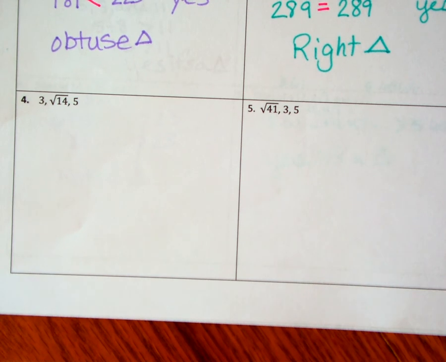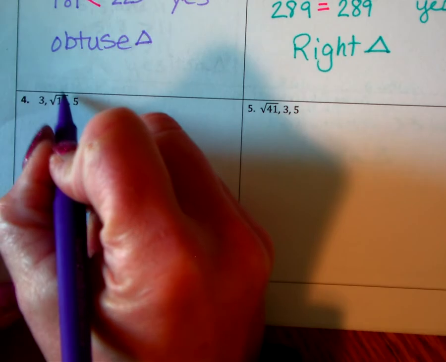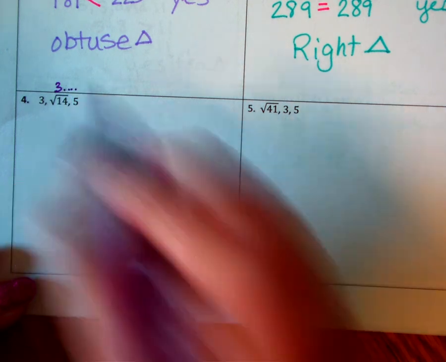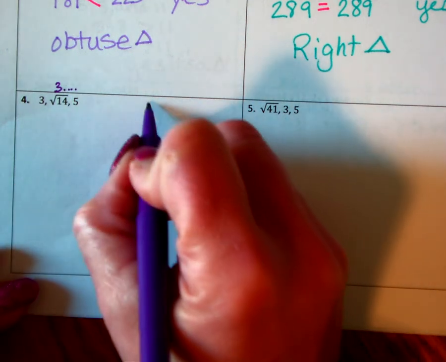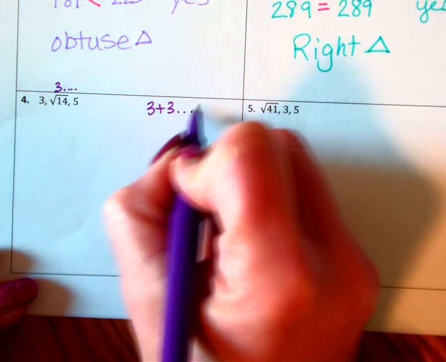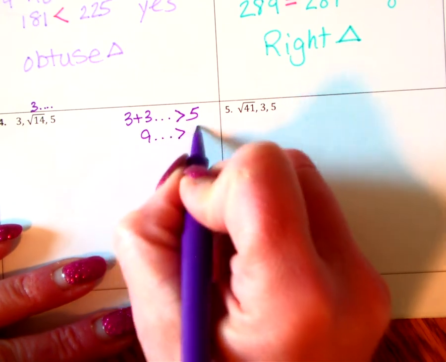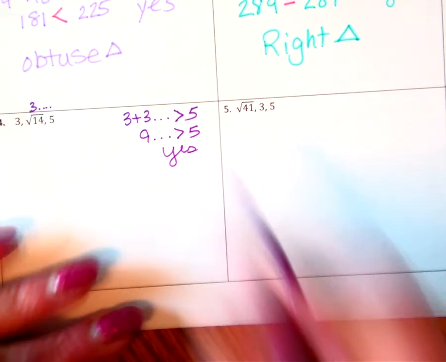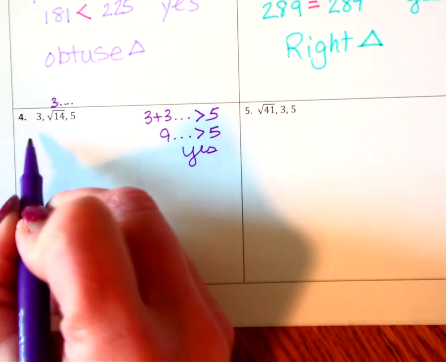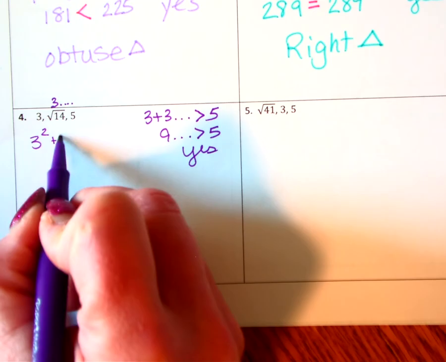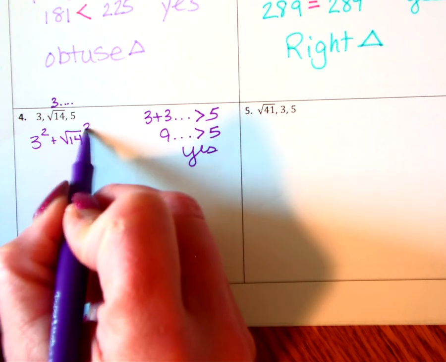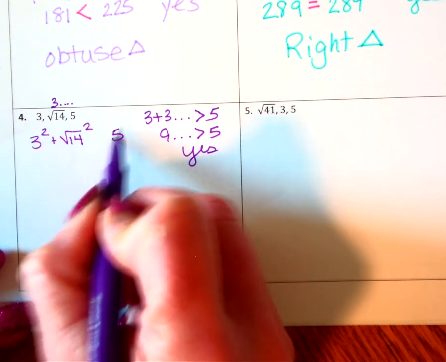Okay, next one. Square root of 14 would be 3 point something. So is 3 plus 3 point something greater than 5? 9 point something is greater than 5, so it is a triangle. So now I need to check 3 squared plus square root of 14 squared, compared to 5 squared.